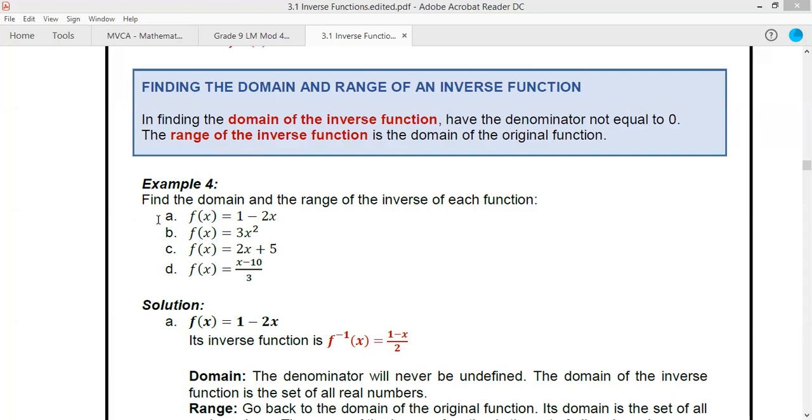Now, here are 4 examples, and you'll be solving the domain and range of the inverse function. Let me share my whiteboard. For example, let's take example A. We have f of x equals 1 minus 2x.